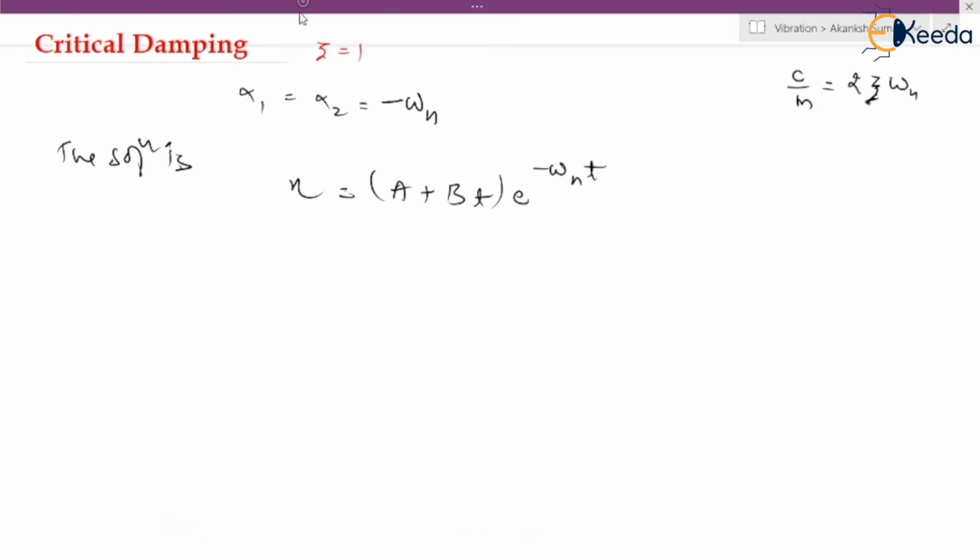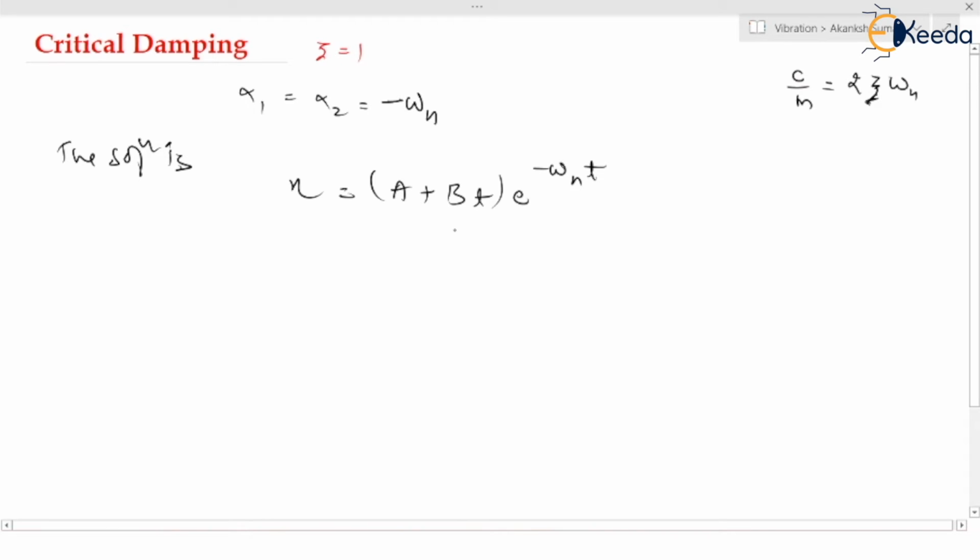This is a combination of exponential and algebraic, or you can say linear function. This is a combination of exponential and the linear function.